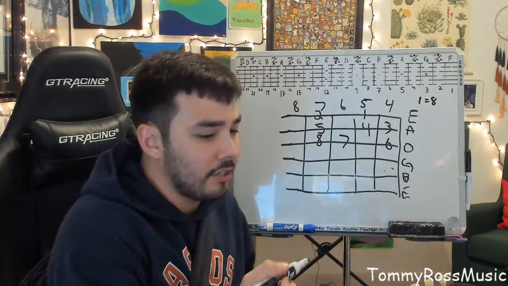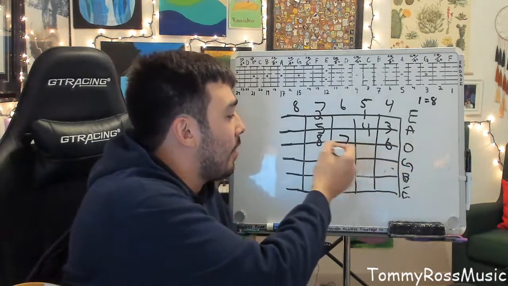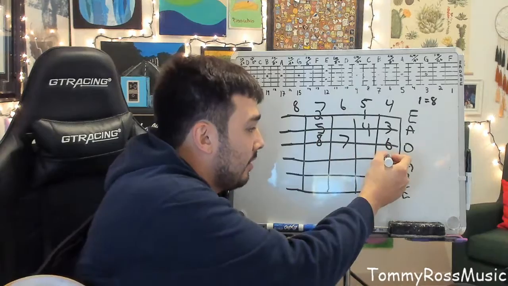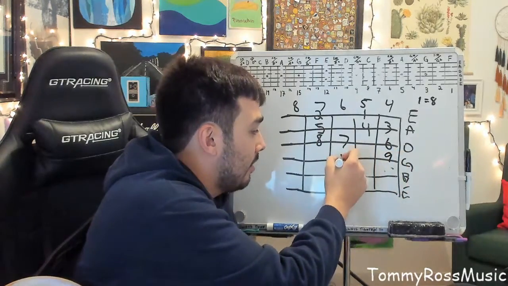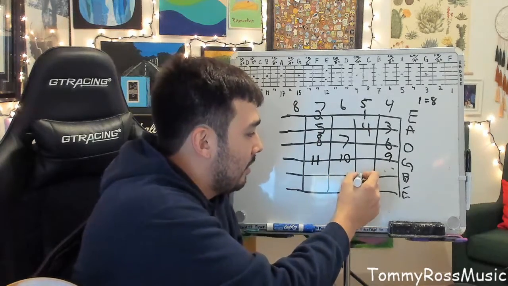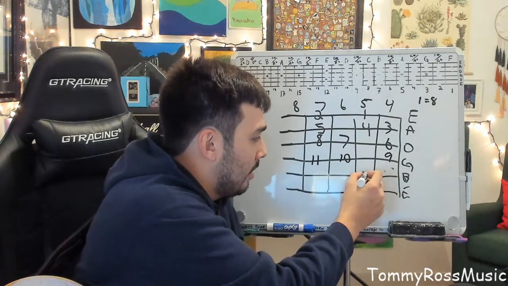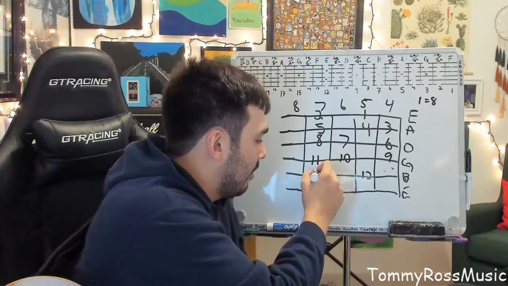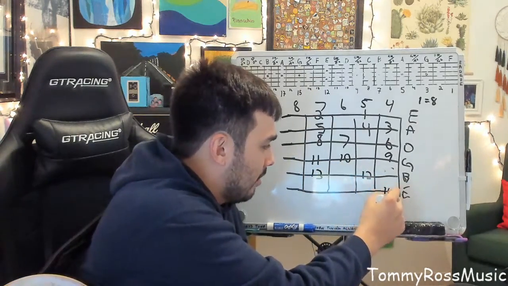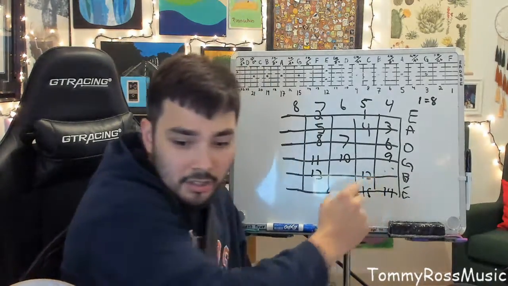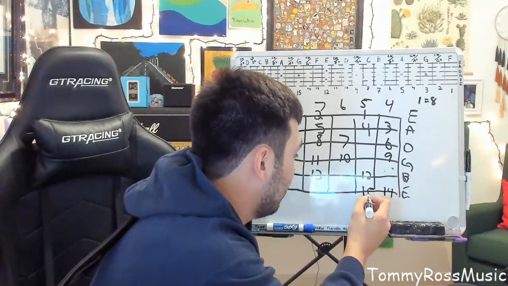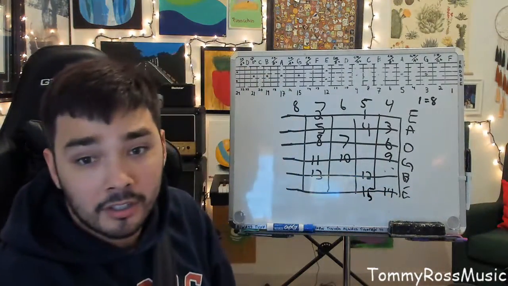But I'm not going to draw it as 1 through 8 again. I'm going to start on 8 and continue the numbers. So 8, 9, 10, 11, 12, 13, 14, 15. Okay, that's a terrible 15.